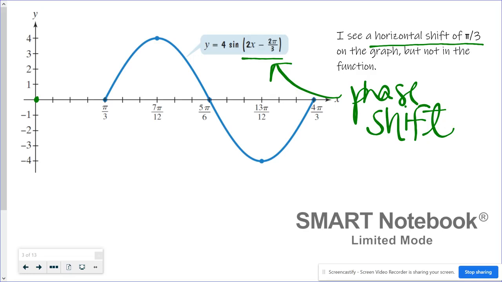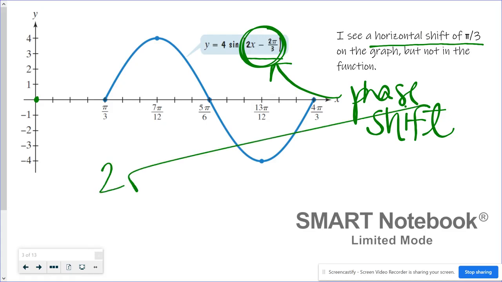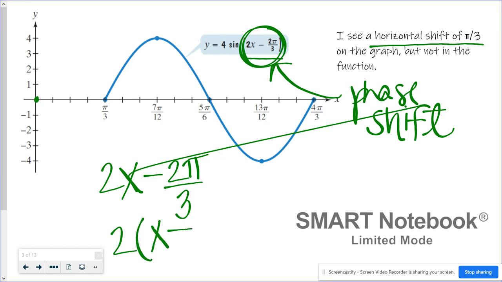The horizontal shift is what our eyes see, and that horizontal shift of pi over 3 can be obtained by taking what's inside the parentheses, 2x minus 2 pi over 3, and factoring out the coefficient in front of the x. If I take out that coefficient of 2 and write down what's left over, I have x minus, and then 2 pi over 3 divided by 2 is pi over 3. And there is that horizontal shift that I see.